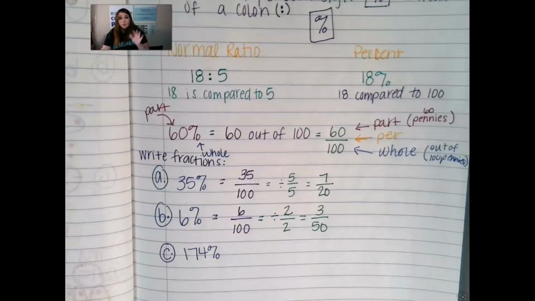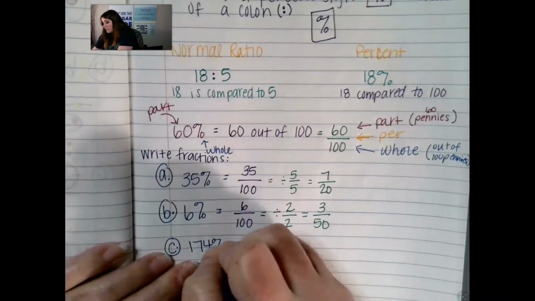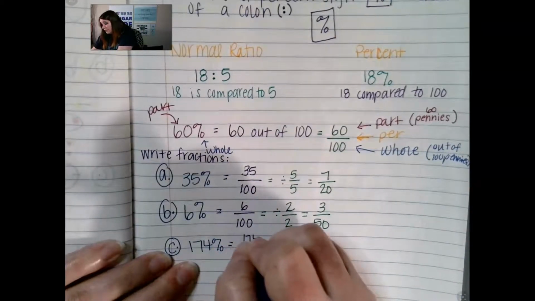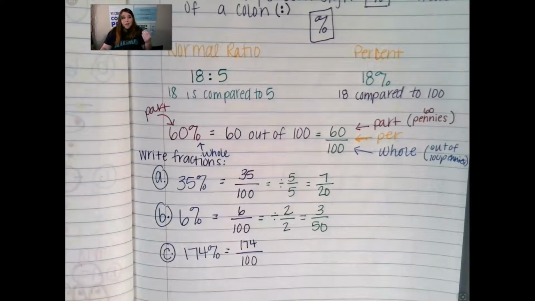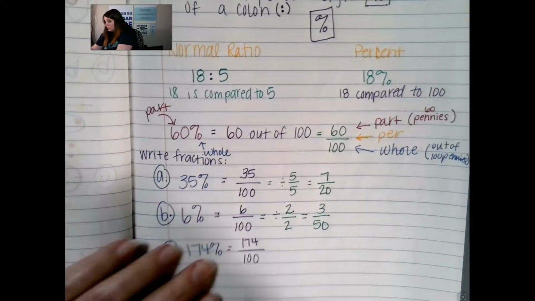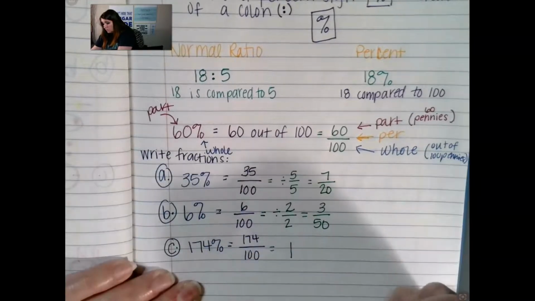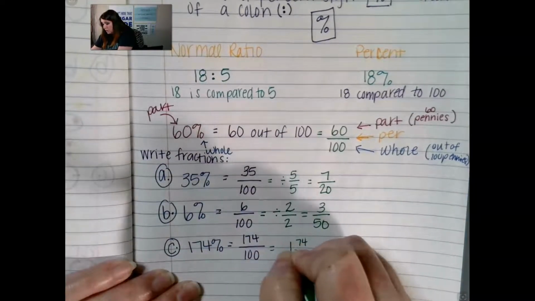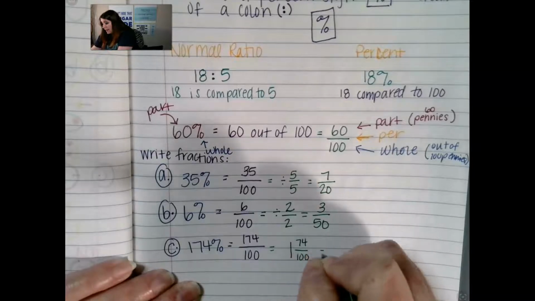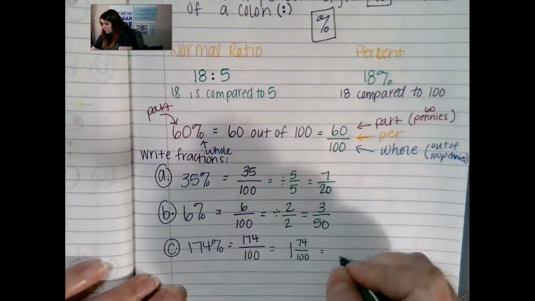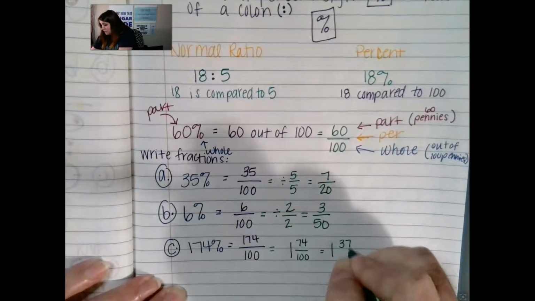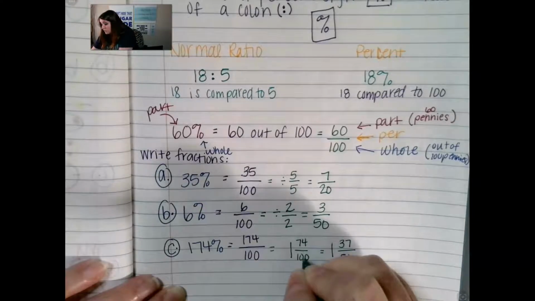Same process: I would write this as 174 over 100. Now I can write it as a mixed number: 1 whole with 74 over 100. And I can simplify this down to 1 and 37 fiftieths if I divide it in half.